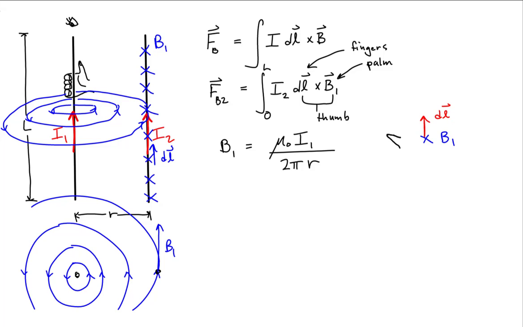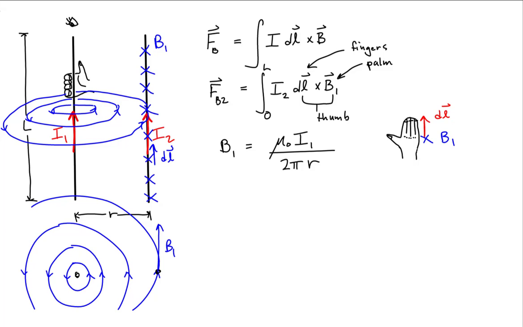So let's do that. Let's put the fingers of our right hand in the direction of the displacement differential. So that's the first vector. Here's our right hand, looking at it from the top. There's our knuckles. So our fingers of our right hand are in the direction of the displacement differential of the current. Notice that our palm is facing towards the magnetic field.